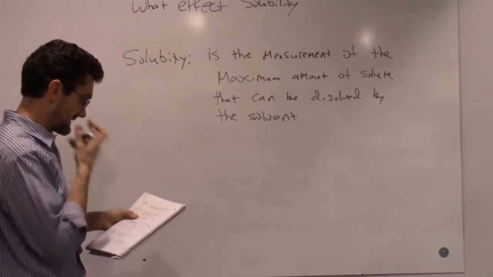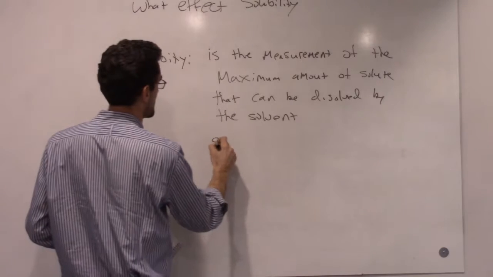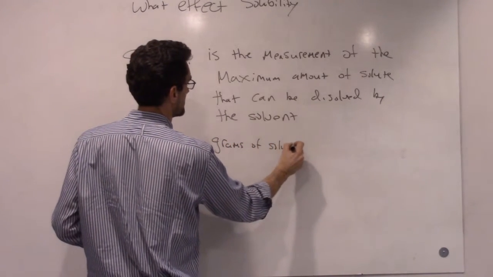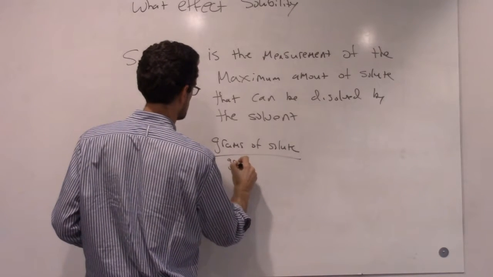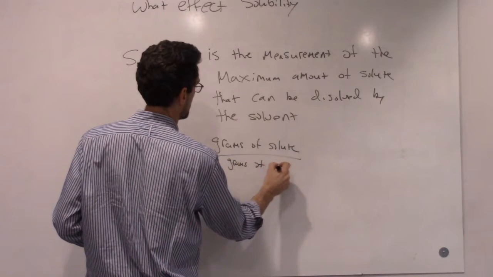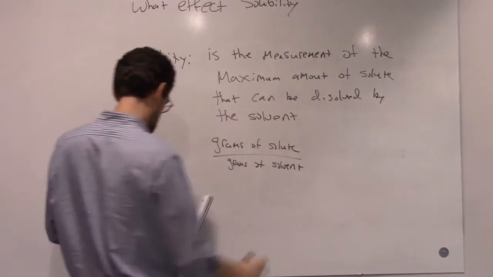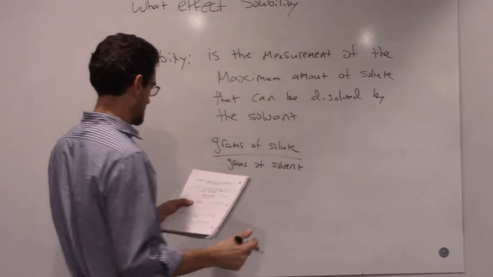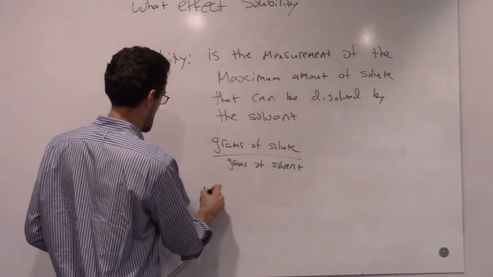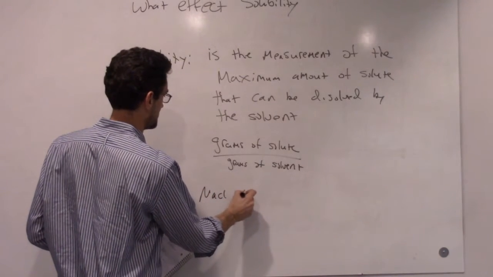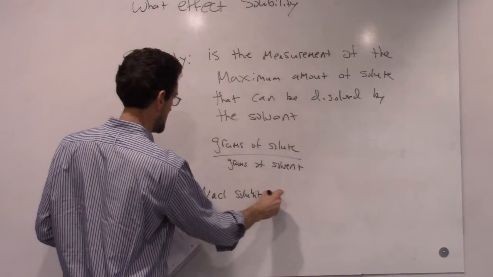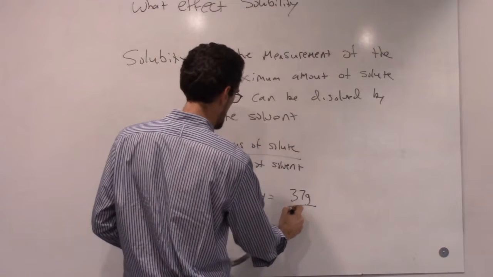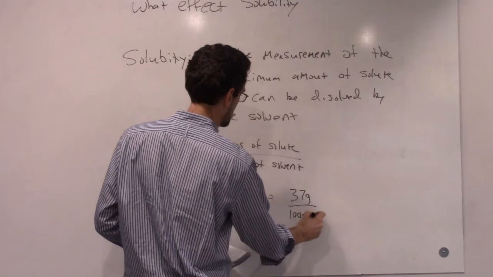It's often defined as grams of solute divided by grams of solvent. We just did salt, NaCl. NaCl solubility is 37 grams per 100 grams of H2O.